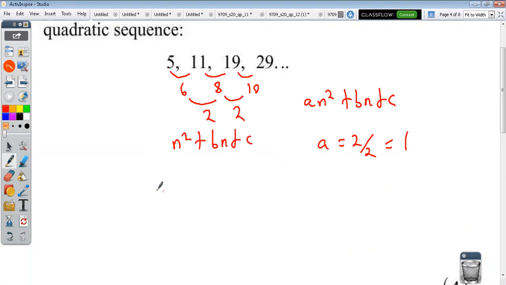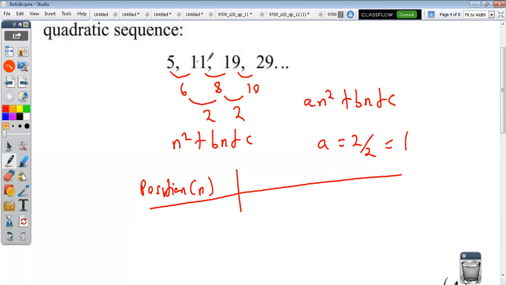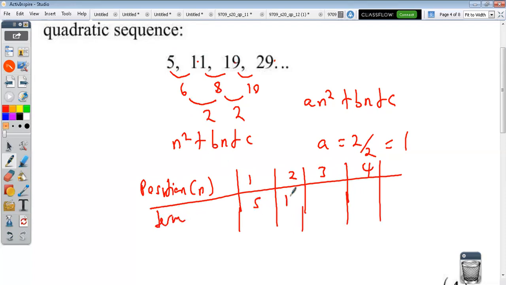Now I can do what I did there. I make a small table with the n position: 1, 2, 3, 4, so first position, second position, third position, fourth position. Then the actual terms: 5, 11, 19, 29.